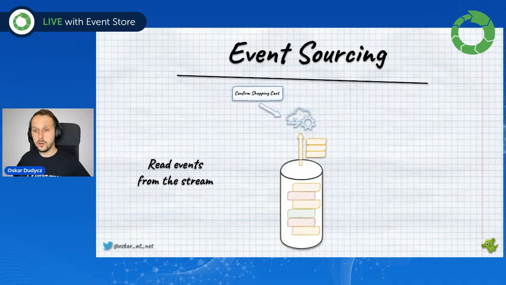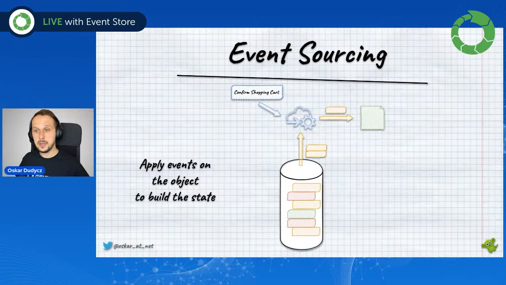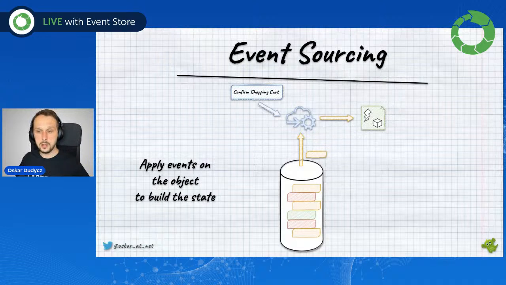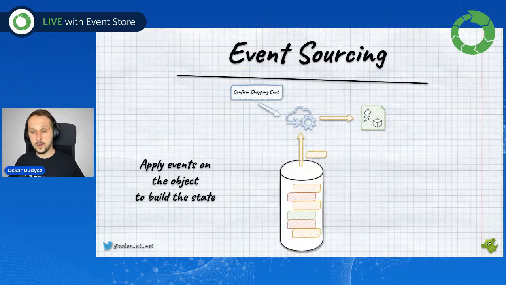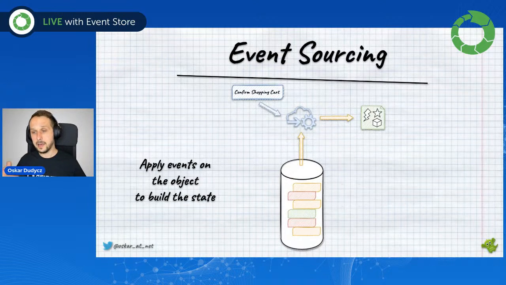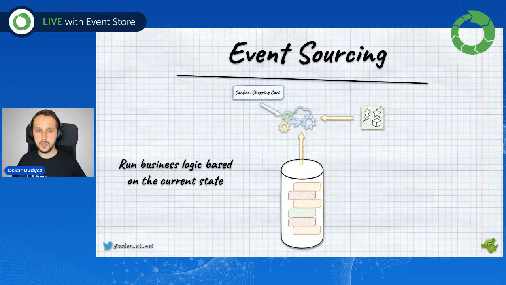So we take all of the events that were registered for the specific entity, and then we are applying those events one by one on the default representation. For example, we might call just a default constructor to get an empty object. And after we apply all of those events, nothing's different in the business logic.